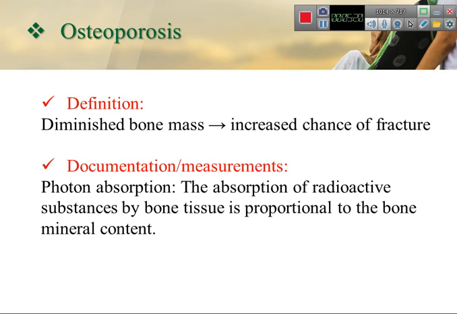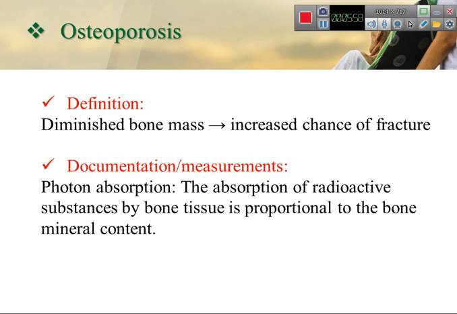The second problem that we can have in neurologic patients is osteoporosis. What is osteoporosis? When our bone mass is diminished, it can lead to an increased chance of fracture. It is our first concern that if any patient has osteoporosis, it can increase the chance of fracture.